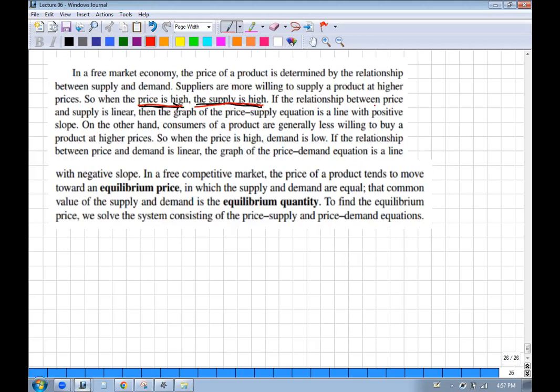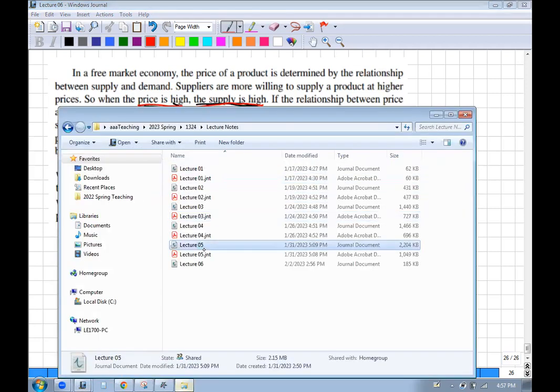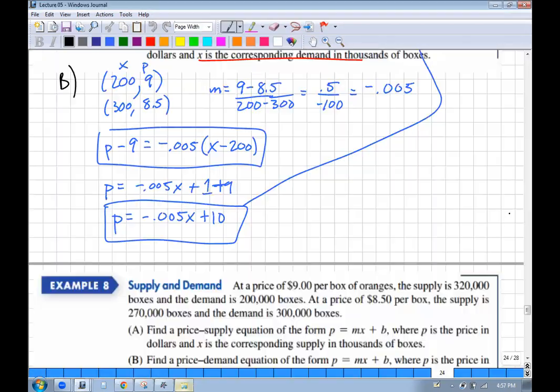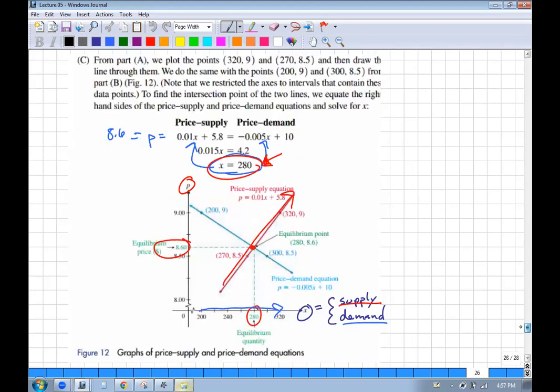All right, if the relationship between price and supply is linear, then the graph of the price supply equation is a line with positive slope. Okay, that's what we had last time. Let me pull that up. This is what we did last time, right?